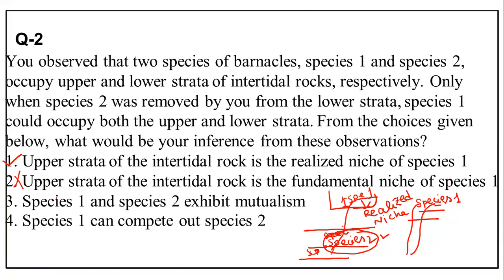Species 1 and species 2 do not exhibit mutualism, and species 1 cannot compete out species 2. So the correct answer is that the upper strata of the intertidal rock is the realized niche of species 1. So, next question.